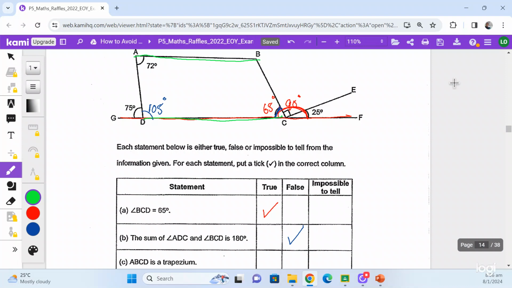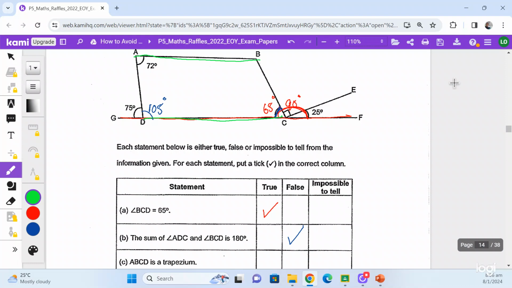So they assume the two lines are parallel, and this is the problem. When you assume that these two lines are parallel, then you start to make mistakes, because the question never says it's a trapezium, and the question never says that the figure has two lines that are parallel. So does it mean that it's not true also? You have to prove it. So how do you prove it?